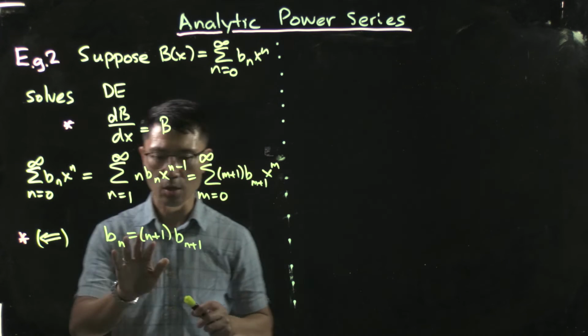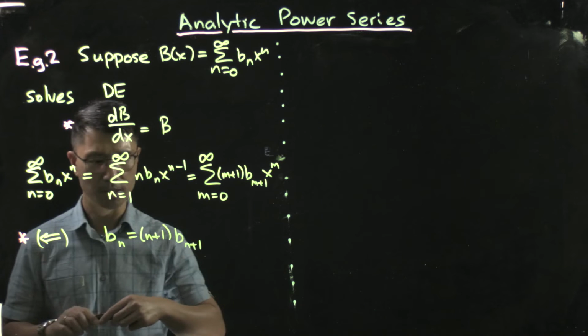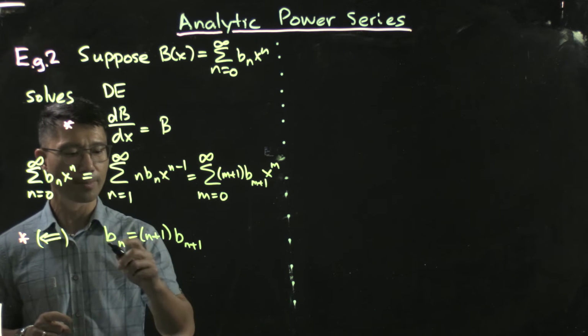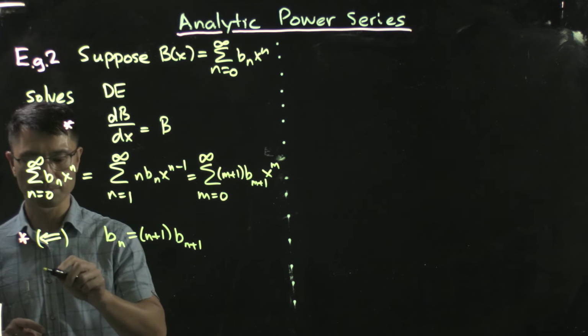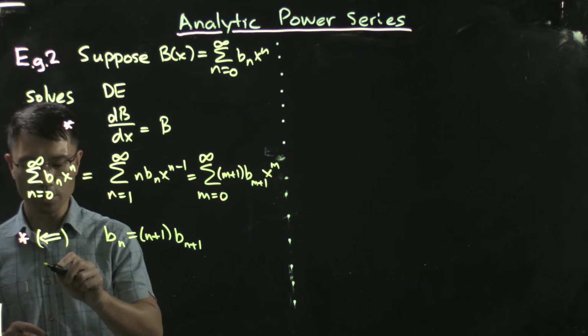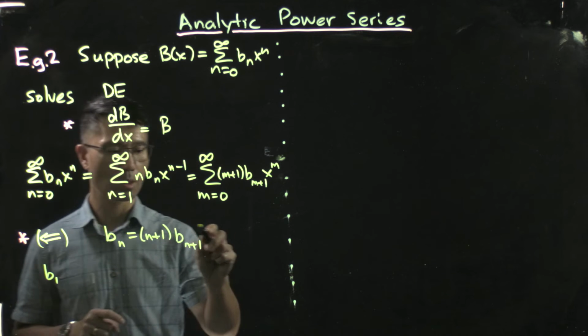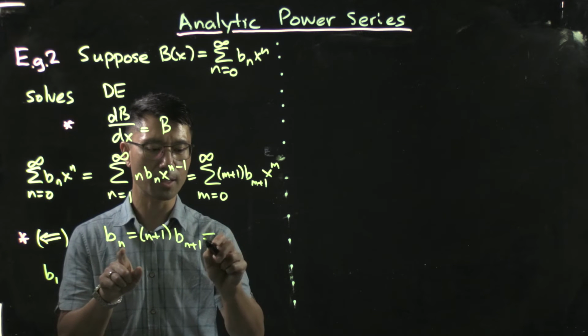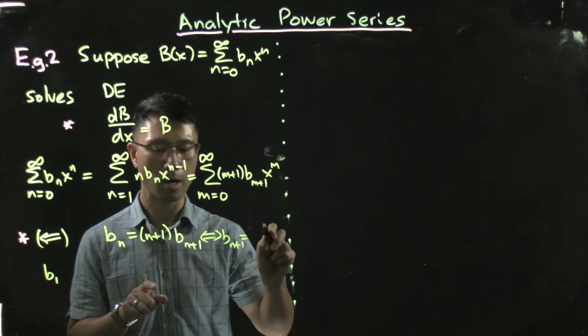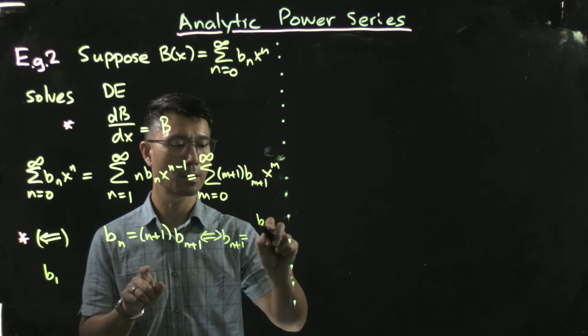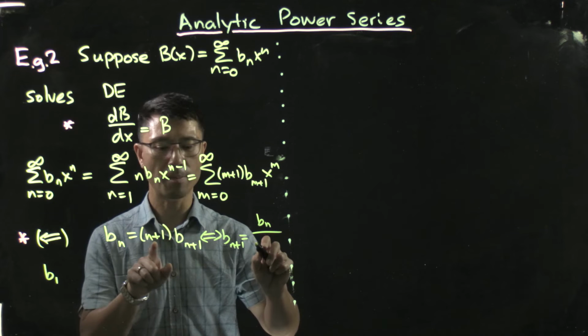Let's just see what happens. It's quite easy to see. Suppose you start with b0, and then what happens to b1? Another way to write this is b_(n+1) equals b_n divided by n plus 1.